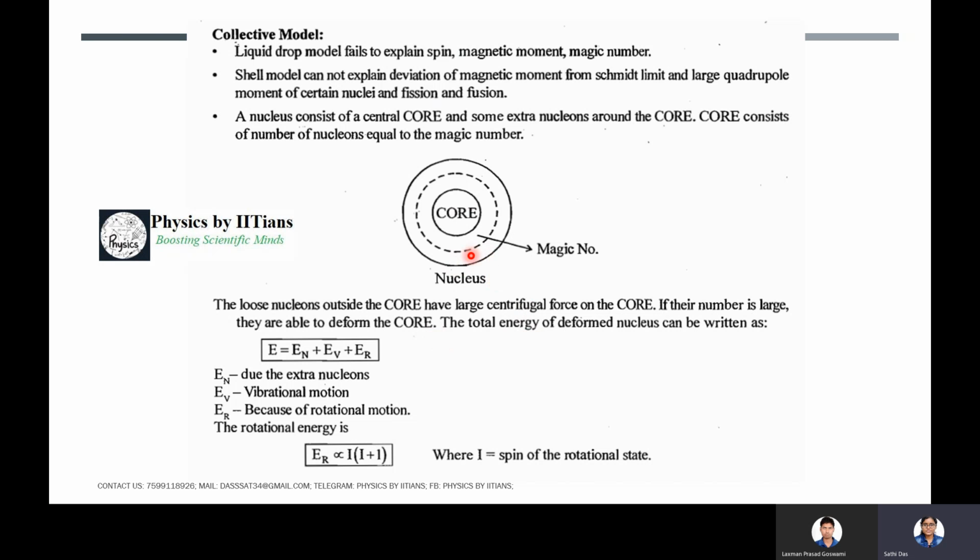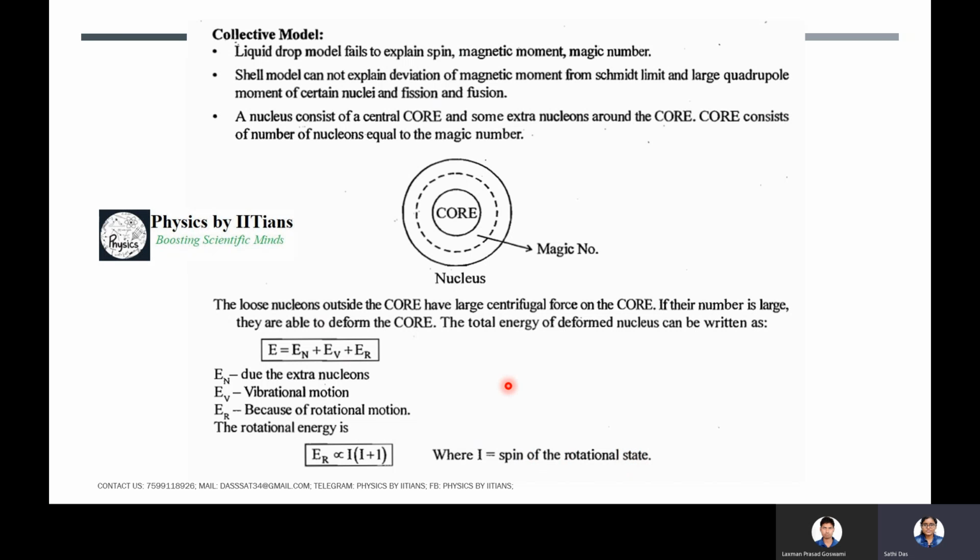and the total energy of this deformed nucleus can be written as En plus Ev plus Er. Now En is due to the extra nucleons, Ev is due to the vibrational motion, Er is due to the rotational motion of these nucleons, and the rotational energy, that is Er, is directly proportional to I into I plus 1, where I is the spin of the rotational state.